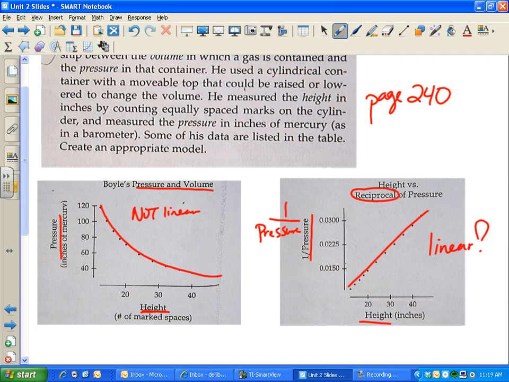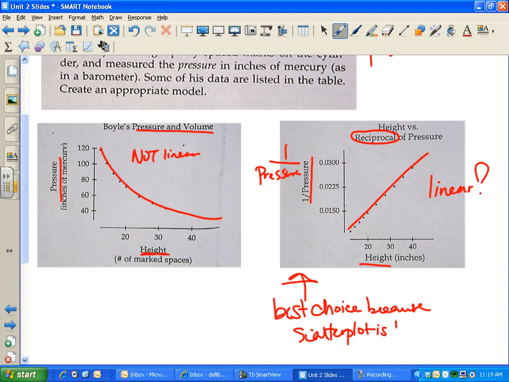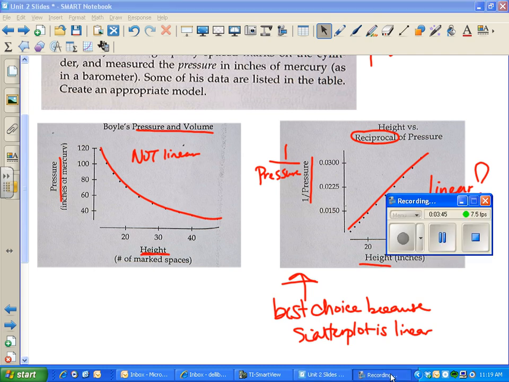So I might simply ask you to defend that the reciprocal model is better because the scatter plot shows a linear relationship. So that's what I mean when I say use some provided graphs to just identify which model is the most appropriate.